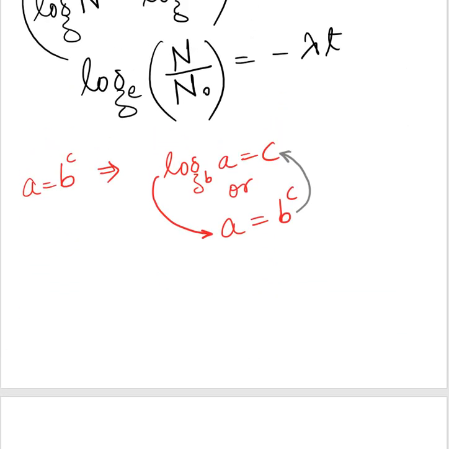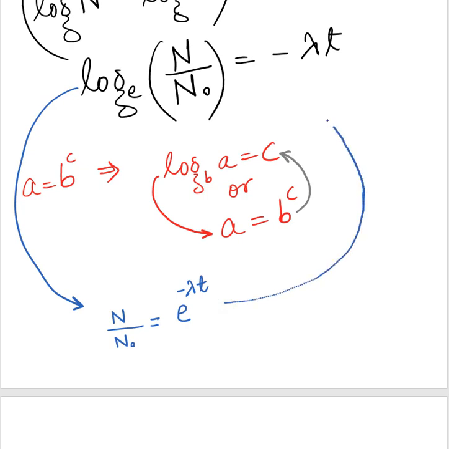So here we can convert it as n upon n naught is equal to e raised to the power minus lambda t. We have just converted the logarithmic form into an exponential form.